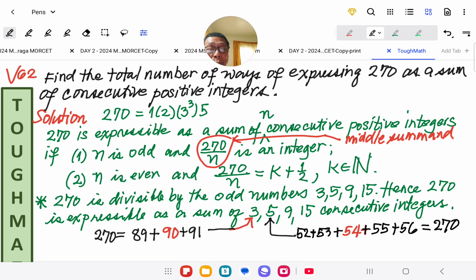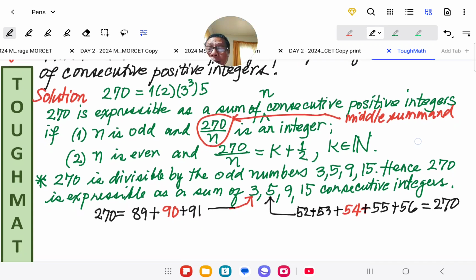There would be 30 because 270 divided by 9 is 30. So there would be 9 consecutive positive integers, and 30 is the middle summand.